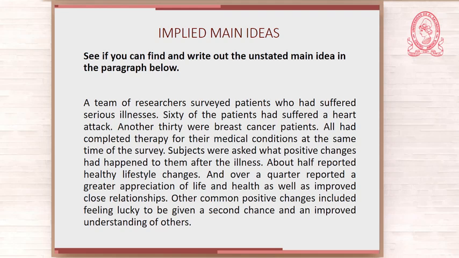Subjects were asked what positive changes had happened to them after the illness. About half reported healthy lifestyle changes, and over a quarter reported a greater appreciation of life and health, as well as improved close relationships. Other common positive changes included feeling lucky to be given a second chance and an improved understanding of others.